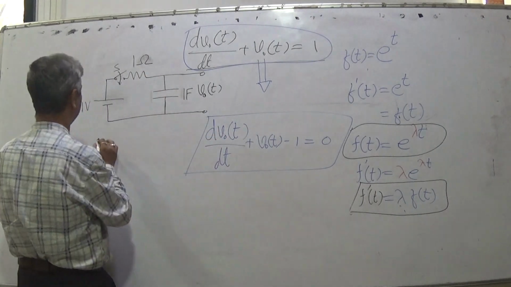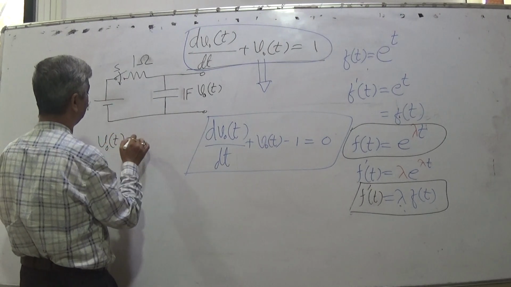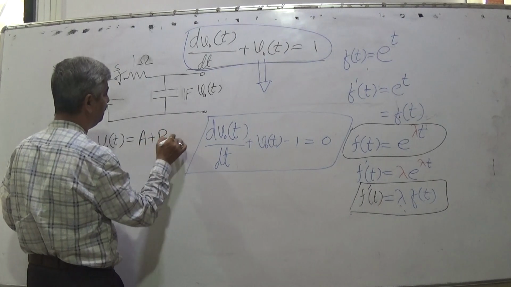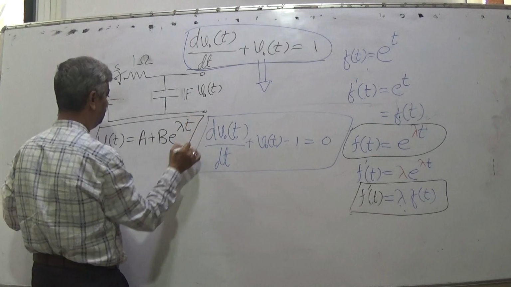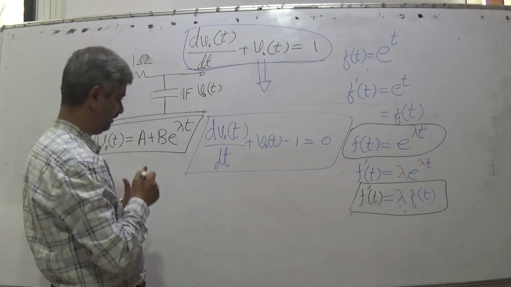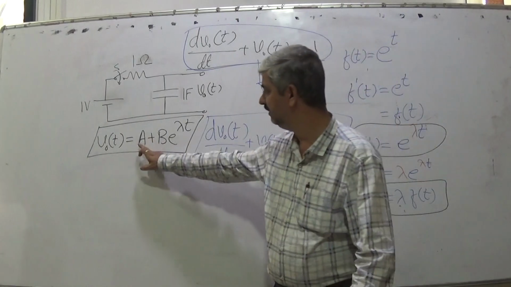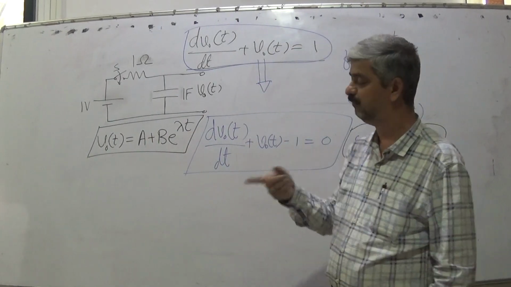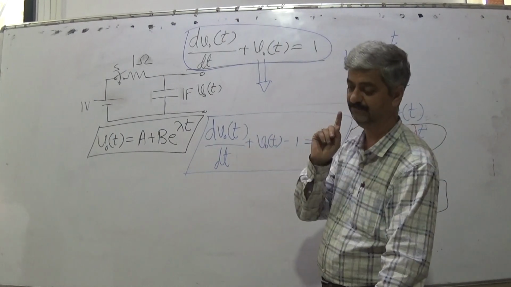Then how to solve this, you can think on your own independently, but this expression always has a solution of the form V0 is equal to A plus B e raised to lambda t. It is not so easy for you to find the solution starting afresh.